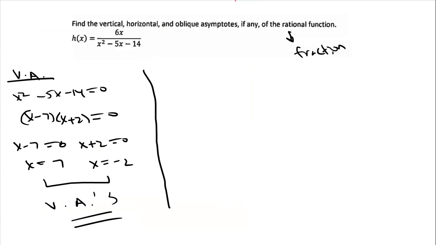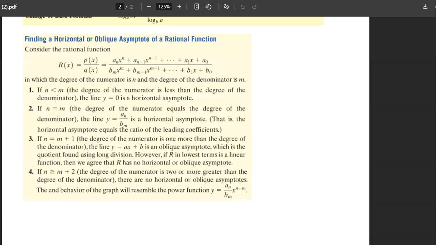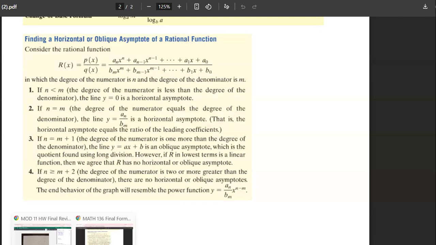Here we have a power of x to the 1, and we have a power of 2. So n is less than m, right? Or 1 is less than 2. So it looks like it's the first one, n is less than m. If n is less than m, then it says we would have a horizontal asymptote at y equals 0. And that's what we need to write down.